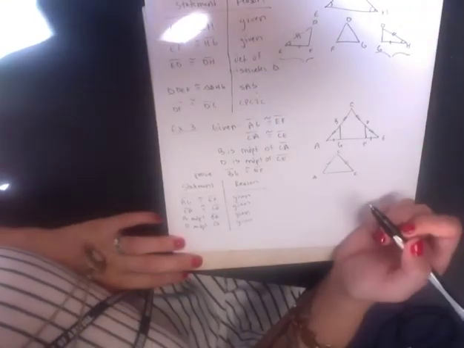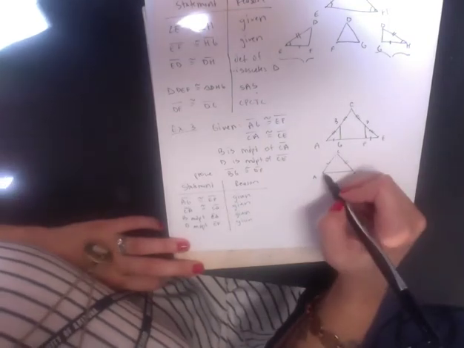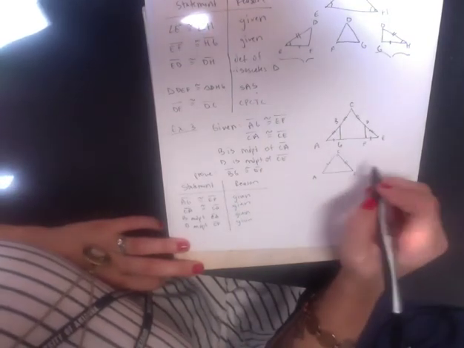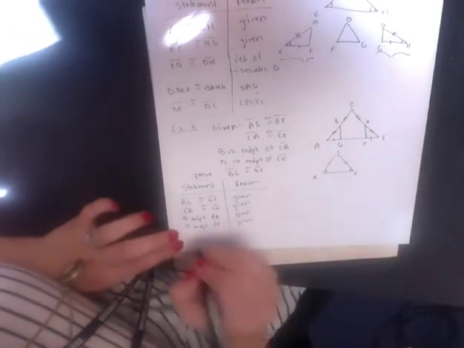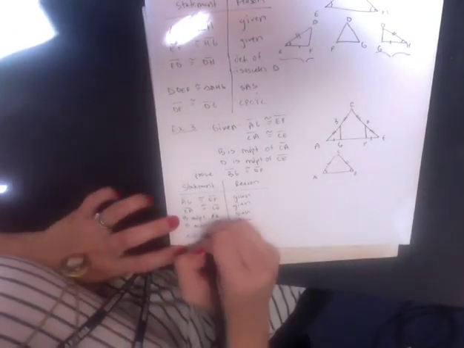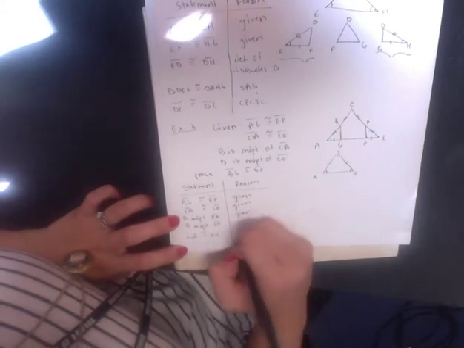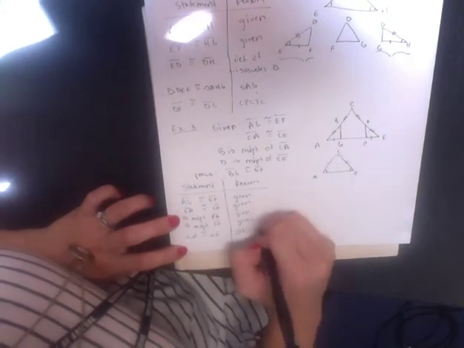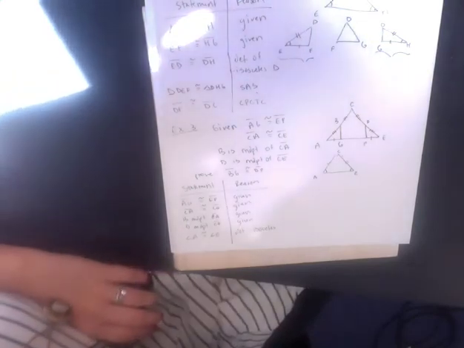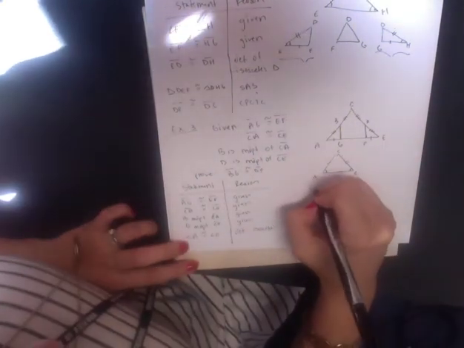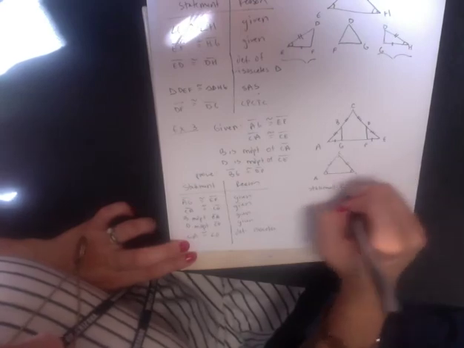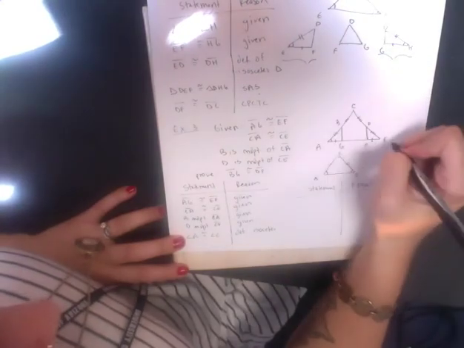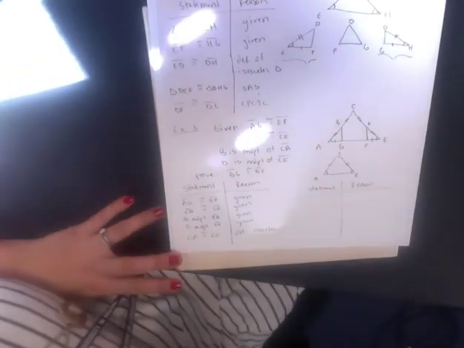Now, what that also tells me, if AC and CE are equal, then I know that angle A equals angle E. Angle A is congruent to angle E, definition of isosceles triangle. Okay, I'm going to move over here. Okay, which means in here and in here, I've got good stuff going on.